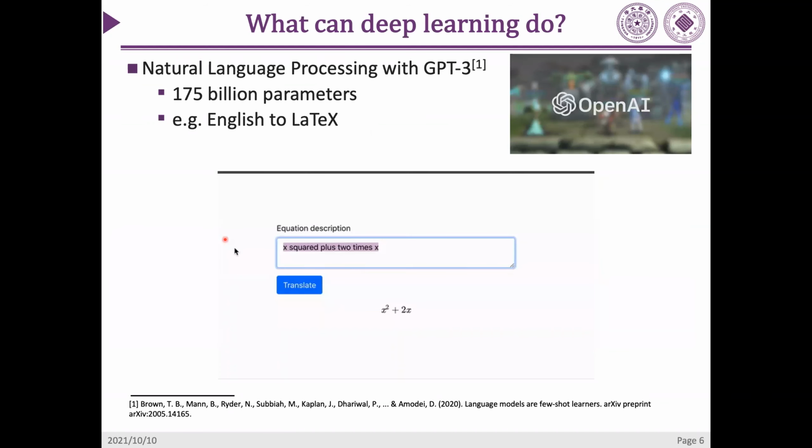And it also can be used at natural language processing. And with the very, very large model GPT-3, it contains 175 billion parameters, and it can try to bring English to LaTeX, which is very useful, I think, for the paper writing.